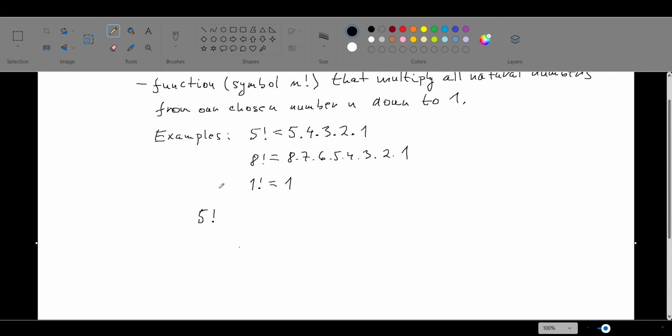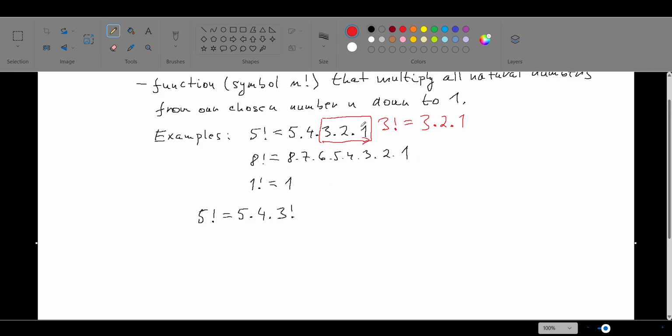If you think about the multiplication given here, 5 times 4 times 3 and so on, you can simplify this by writing 5 times 4 times 3 factorial, which means instead of writing the multiplication from number 3 down to number 1, this is represented as 3 factorial, because 3 factorial is equal to 3 times 2 times 1.